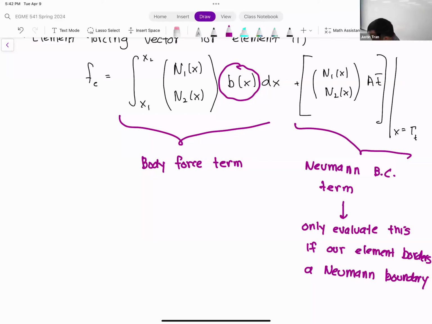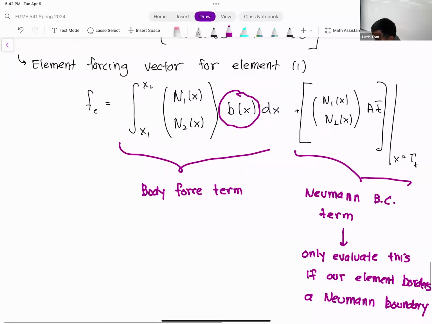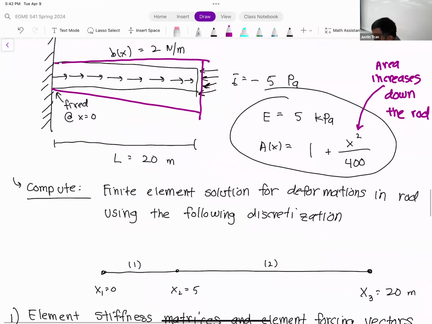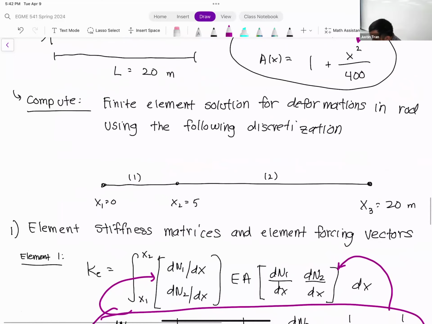If we look back at the geometry of our problem, let me scroll up for just a second. Our Neumann boundary condition is being applied on the right-hand side of our domain. That means it is being applied right here at x3.